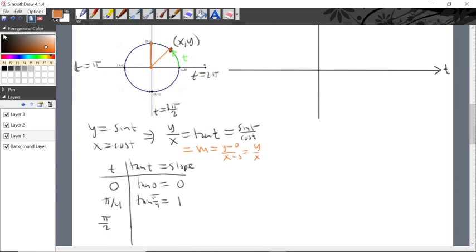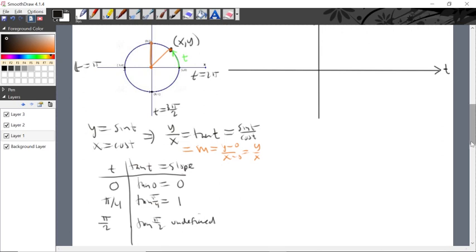So, the tangent of pi over 2 is therefore undefined. So we went from the tangent of 0 being 0, the tangent of pi over 4 being 1, and then ultimately the tangent of pi over 2 is undefined.